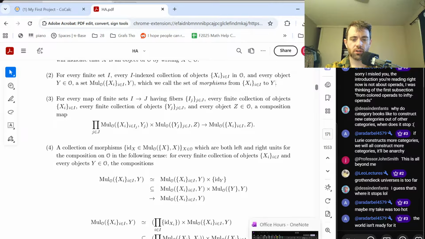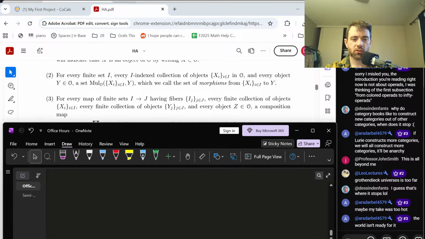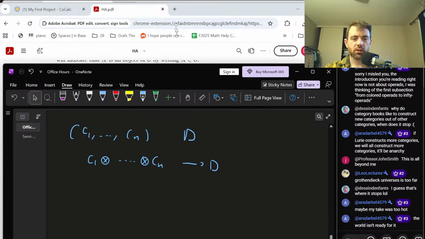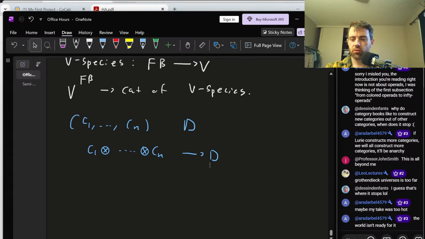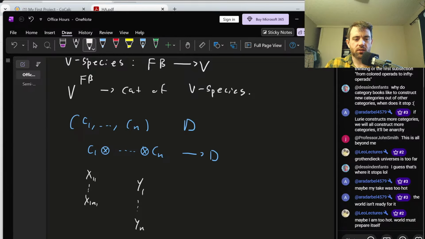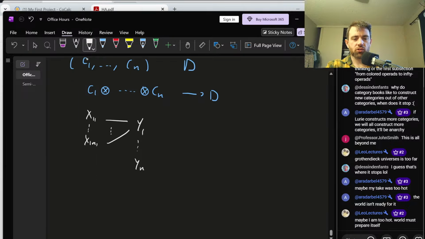I remember vaguely when we were reading about operads before, we wanted to make sure that we had good composition laws.